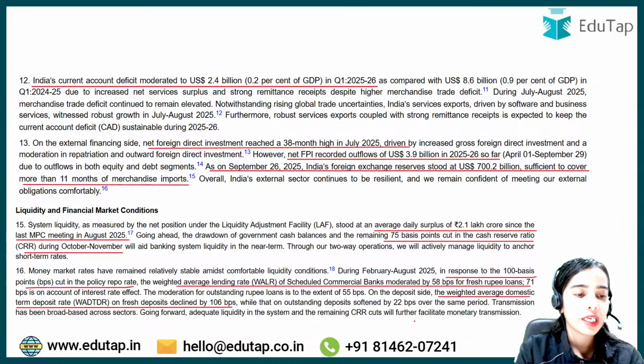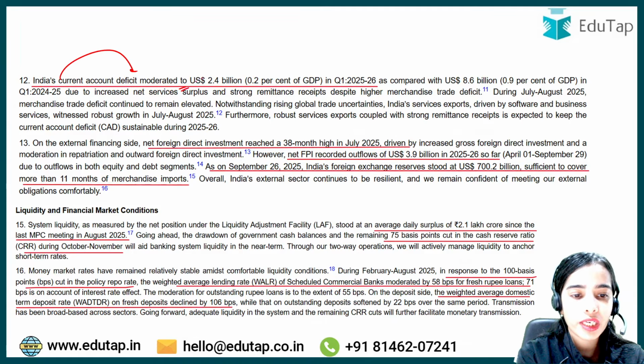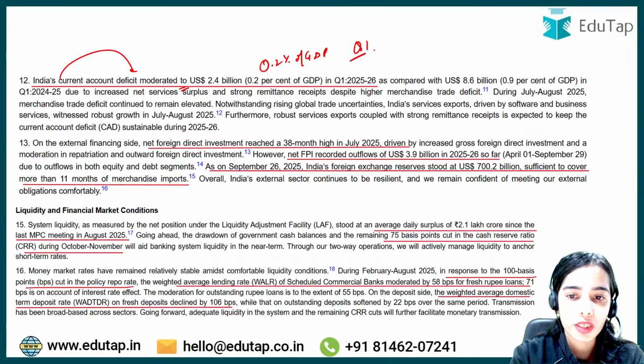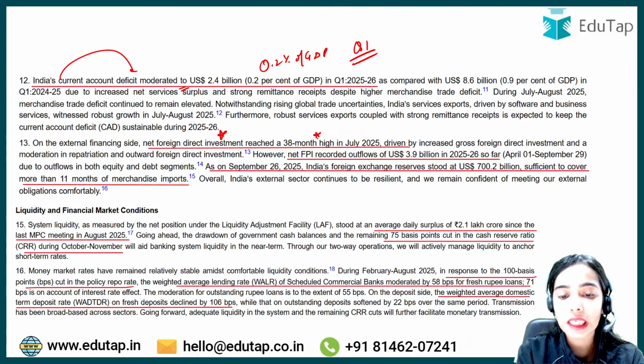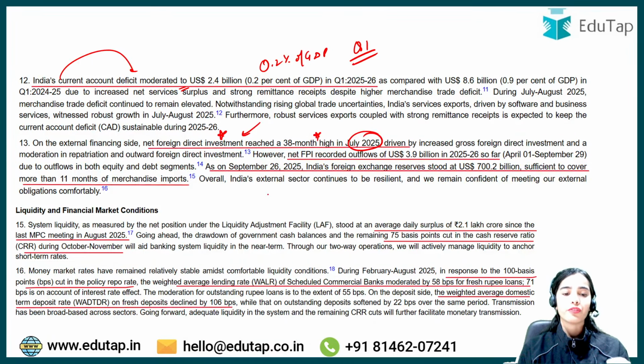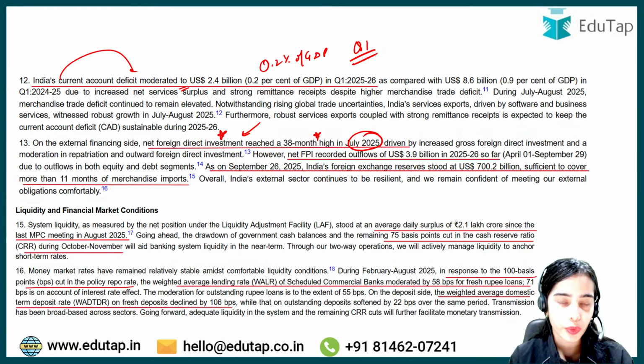Okay. India's current account deficit moderated to 0.2% of GDP in the first quarter of the current financial year. Net foreign direct investment reached a 38-month high in July 2025.